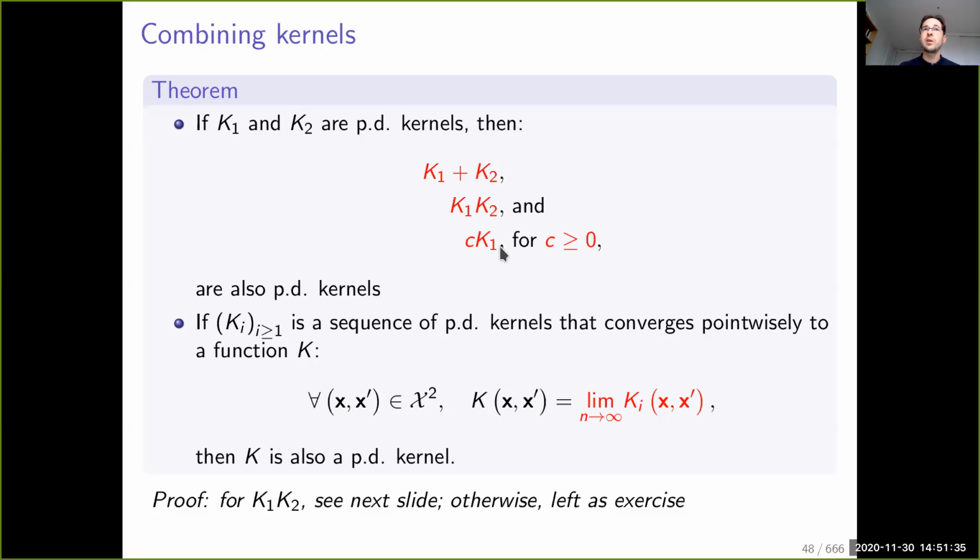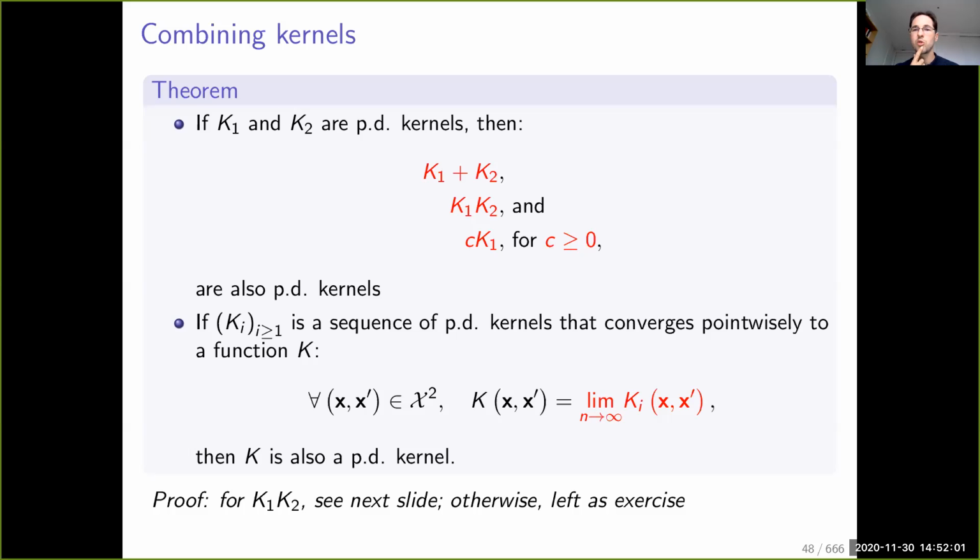Similarly, if you multiply a kernel K1 by a non-negative quantity c, you also get a positive definite kernel. So this is also good news. And there is also this result which is much more interesting, because it is not completely trivial: if you take the product of two kernels, you get a positive definite kernel.